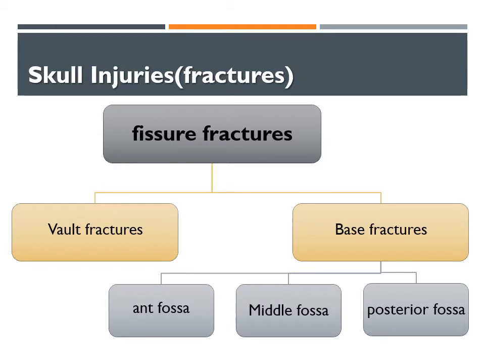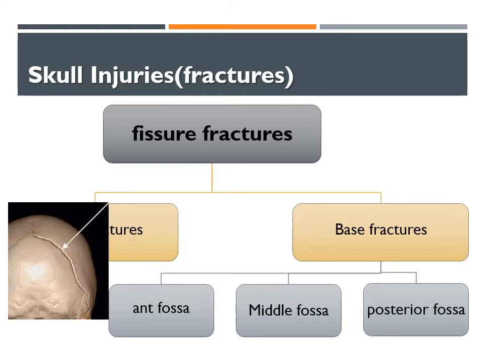Fissure fracture is divided according to the site into vault fracture, which occurs in the vault of the skull, and base fracture, which occurs in the base of the skull, which is formed of three fossae: anterior cranial fossa, middle cranial fossa, and posterior cranial fossa.